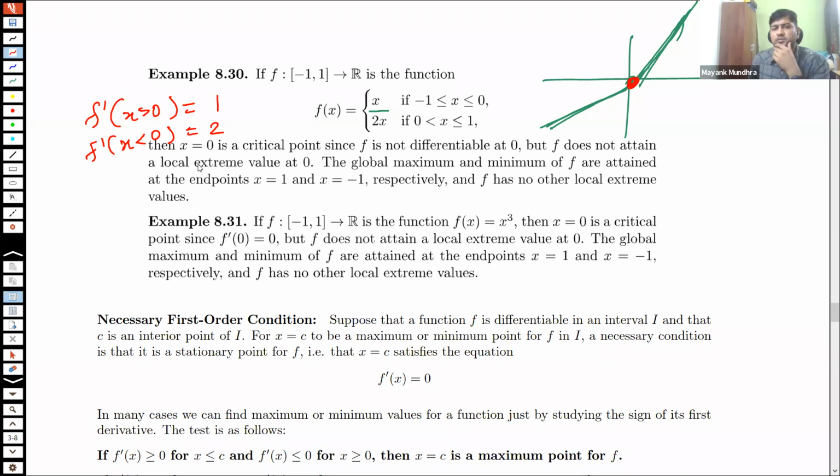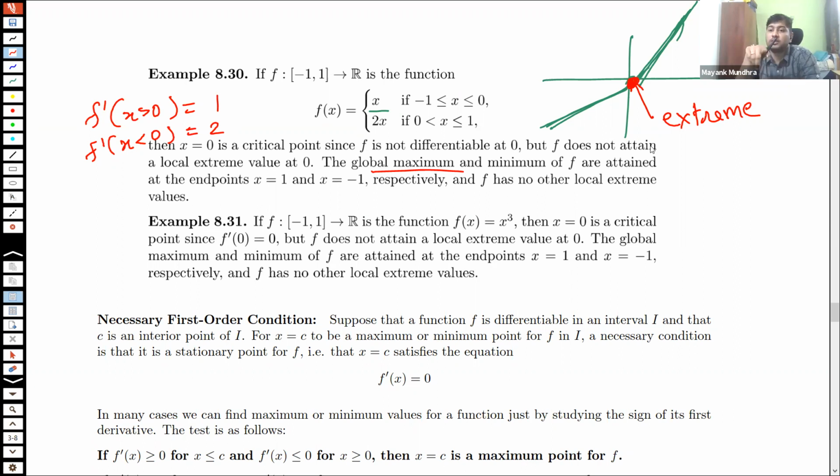Now, the global maximum, but this point, even though it is an extrema, this is an extreme point going by the definition of extreme points, because I defined extreme points as points where f prime is 0 or f prime is non-existent.